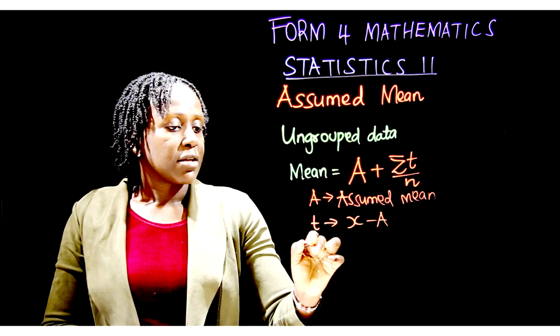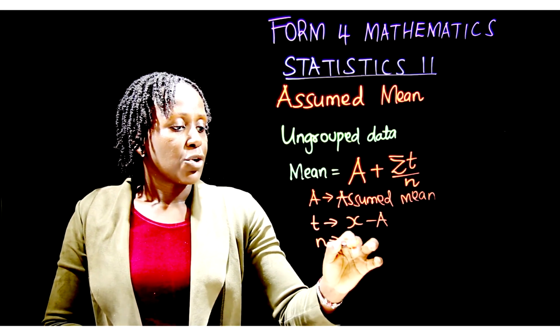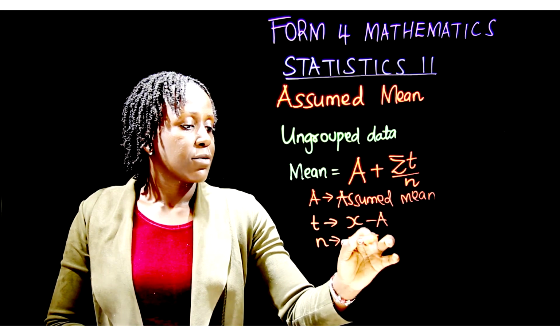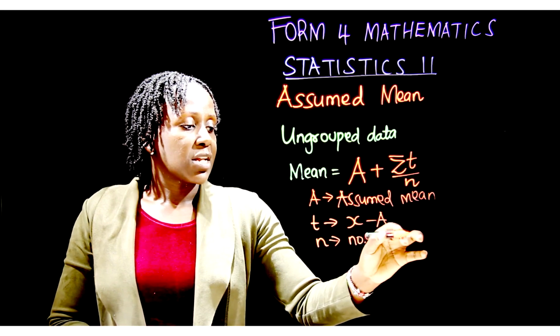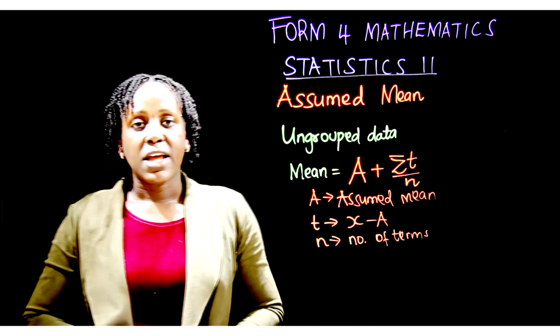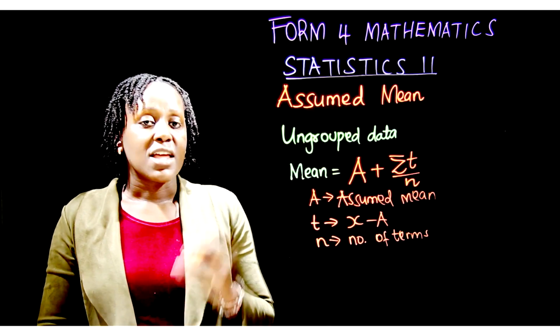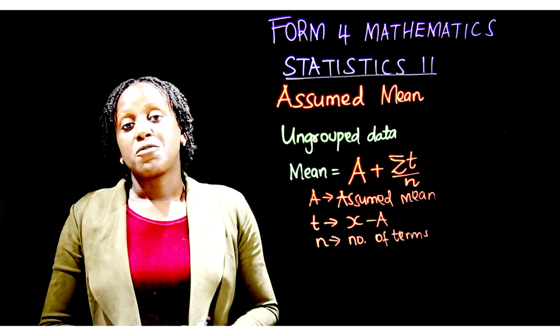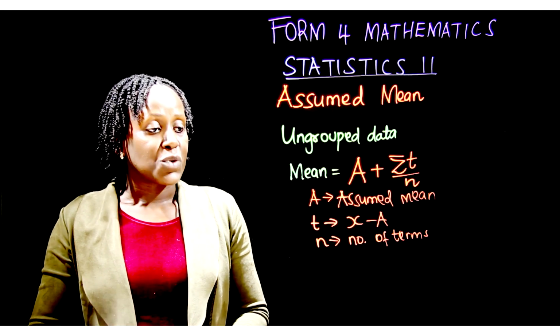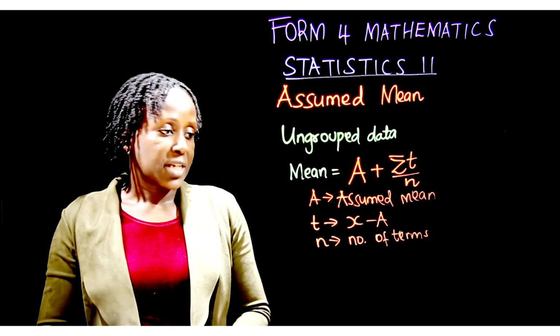And n represents the number of terms in the data. If you have 5 masses that you want to calculate their mean, then n will be 5. If you are comparing marks of 10 students, then n will be 10.